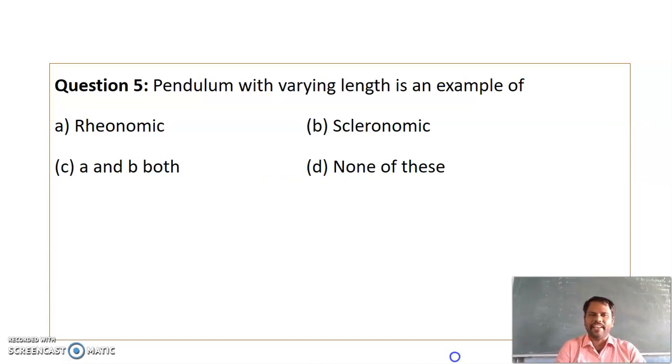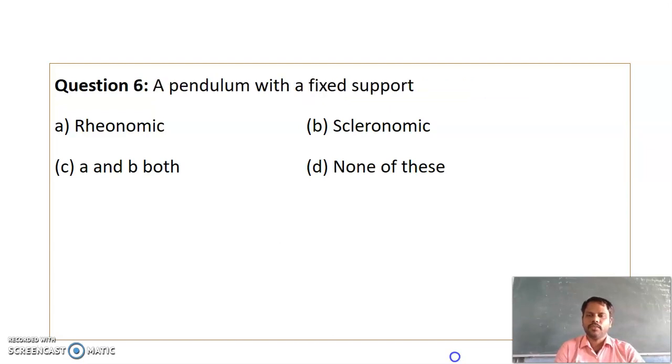Pendulum with varying length is an example of rheonomic constraint. Question 6. A pendulum with a fixed support is an example of scleronomic constraint.